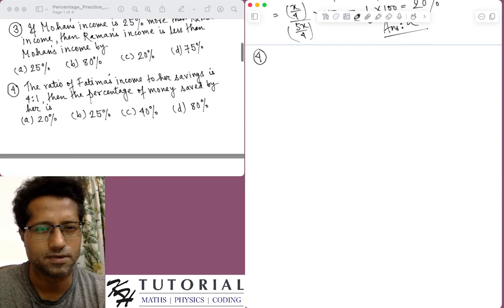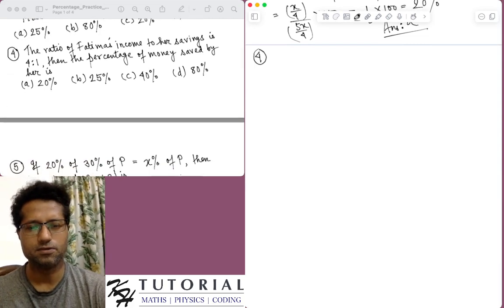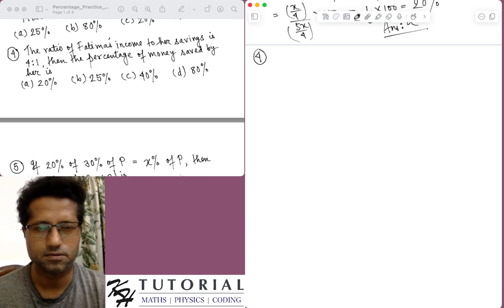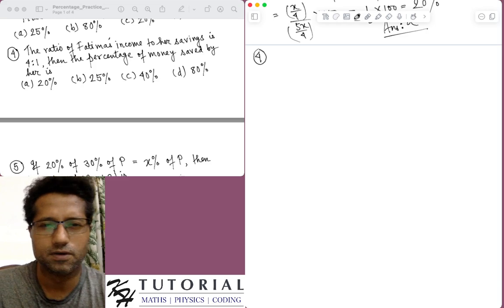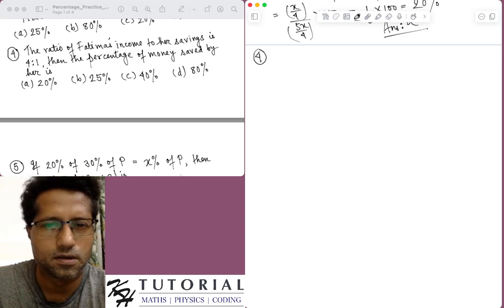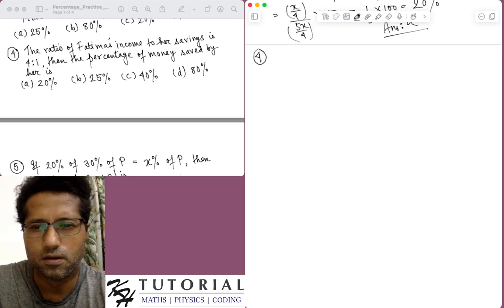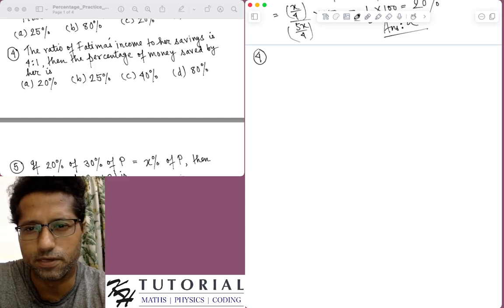Problem number 4 says that the ratio of Fatima's income to her savings is 4:1. So the ratio of Fatima's income to her savings is 4:1.